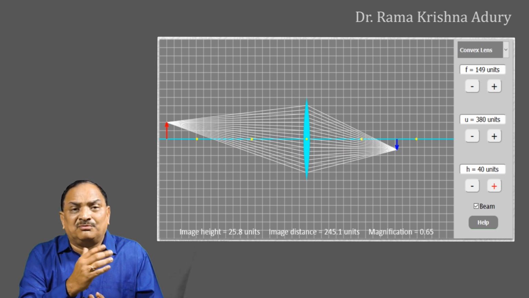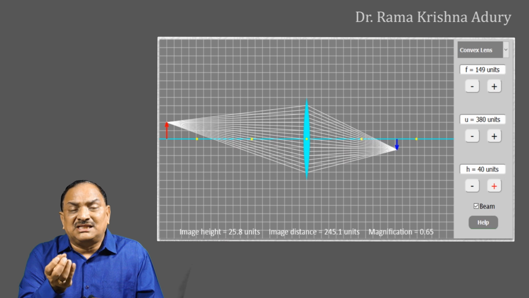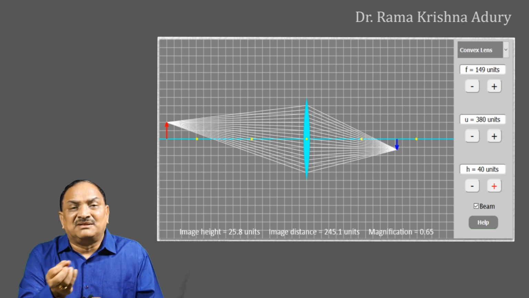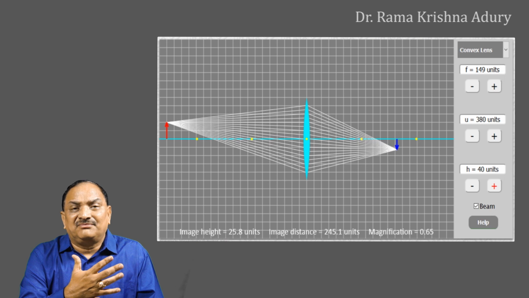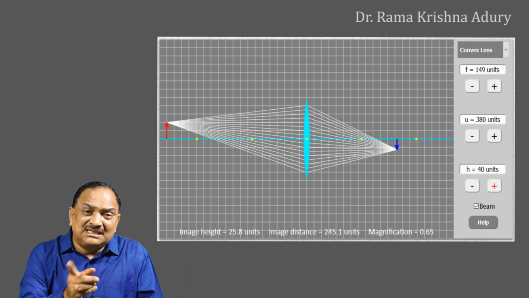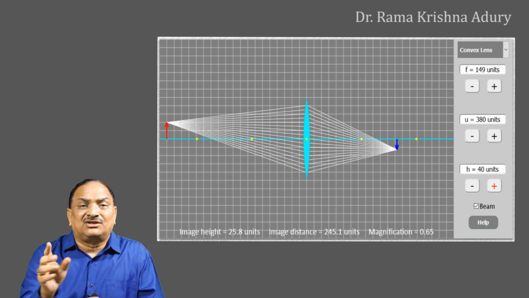And when you put the lens there, the image is formed at focus. And the size of the image is much smaller, and therefore you say it's a point size image. Much less, the size of this is insignificant. So when the object is placed at infinity, the image is formed at F. And when the object is placed at F, the image is formed at infinity. So this is what you have to notice.